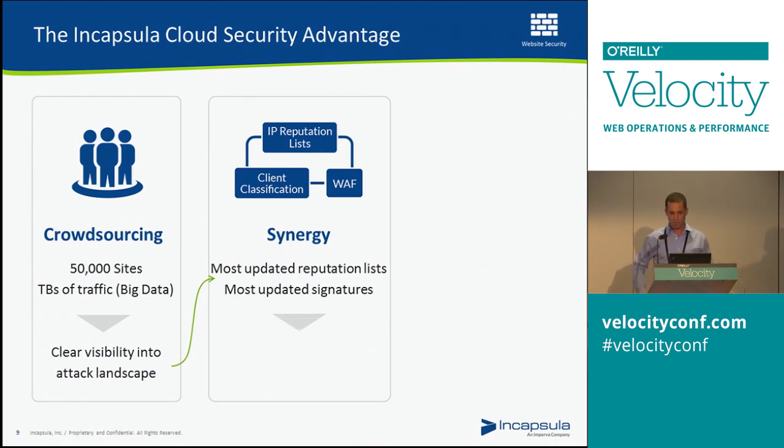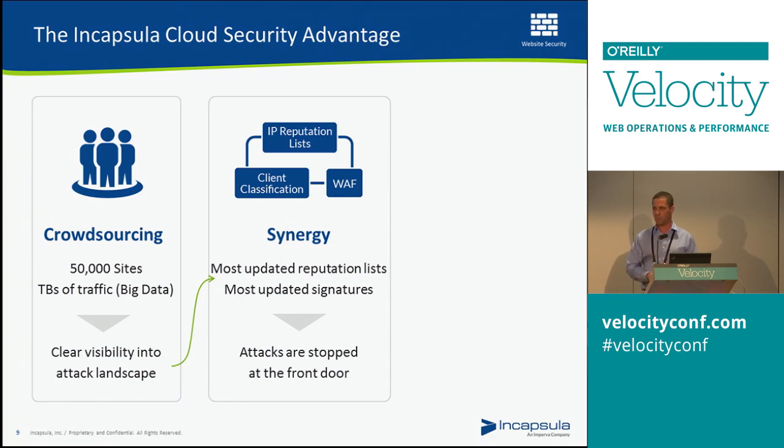Combined with the WAF, you can stop attacks at the front door. You don't have to wait until the attacker actually tries to attack your site or your application in order for the WAF to intervene and stop the attack. Most of the times, like 99% of the times, we can locate the attackers when they just visit your application, because they trigger our IP reputation lists, our signatures.